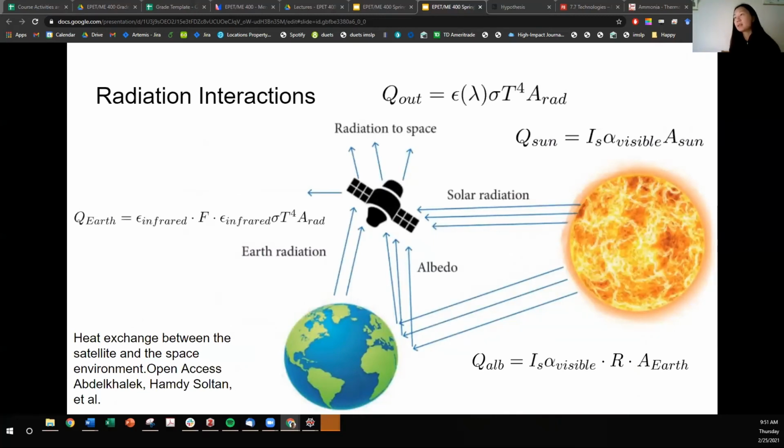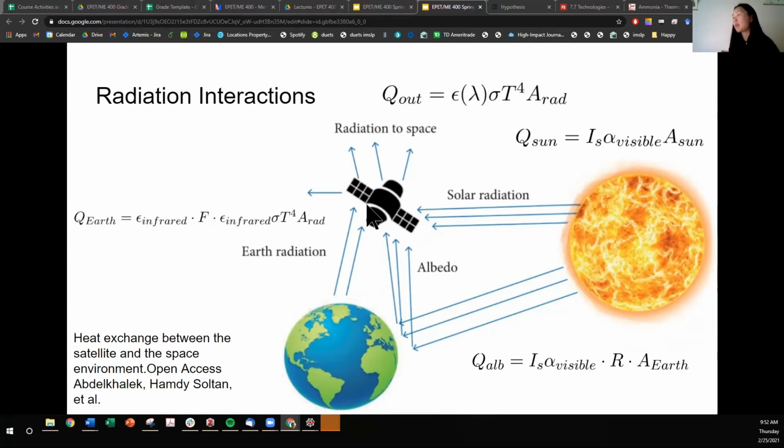So let's talk about the different types of radiative interactions in space. Hopefully you'll get comfortable with this image, where the thermal balance of a spacecraft is seen by taking the net sum of these different interactions. We have the spacecraft radiating heat into deep space.